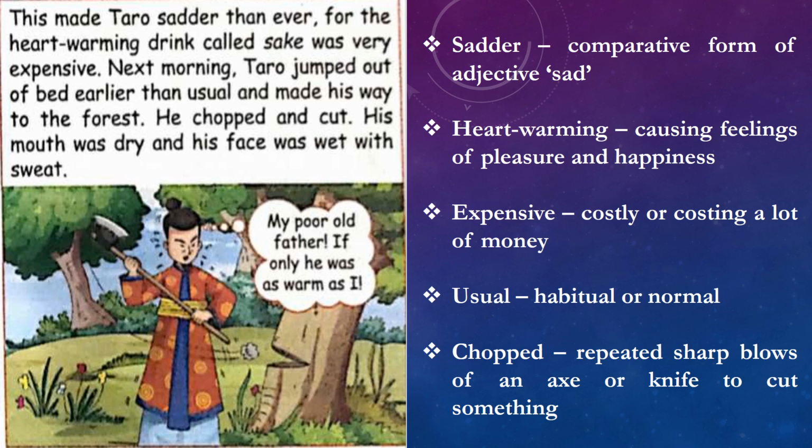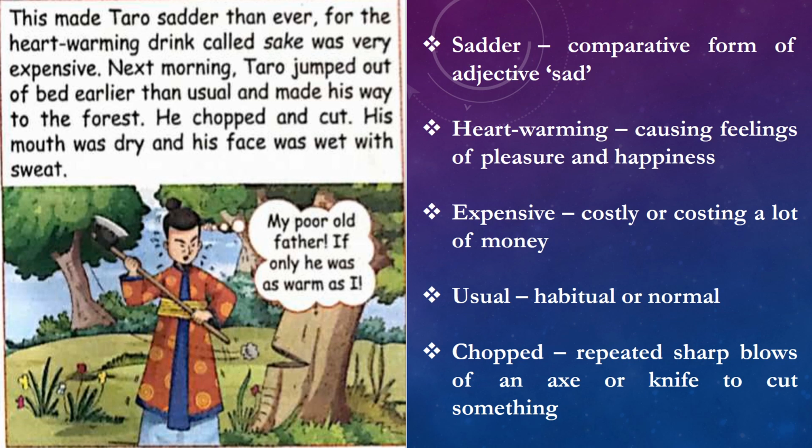His mouth was dry because he was working so hard. His mouth was very dry, and his face was wet with sweat. So he was repeatedly chopping very hard. He was feeling very dry, and his face was full of sweat. What was he thinking?